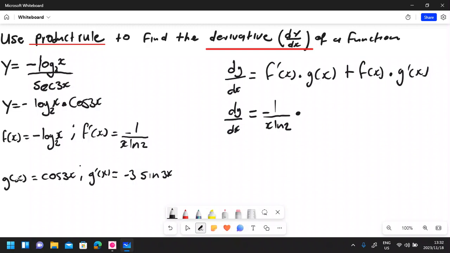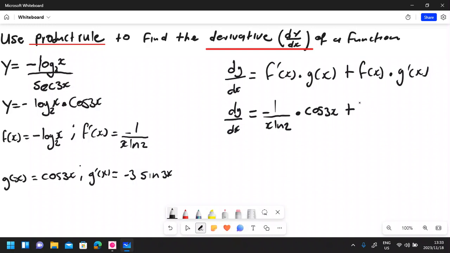Now when you look at our formula there, g of x is going to be cos 3x, by the way. So we just write it as cos 3x, then plus. Now we're going to the second term. On the second term, f of x is the one that is not differentiated, meaning we're going to have negative log base 2 of x.